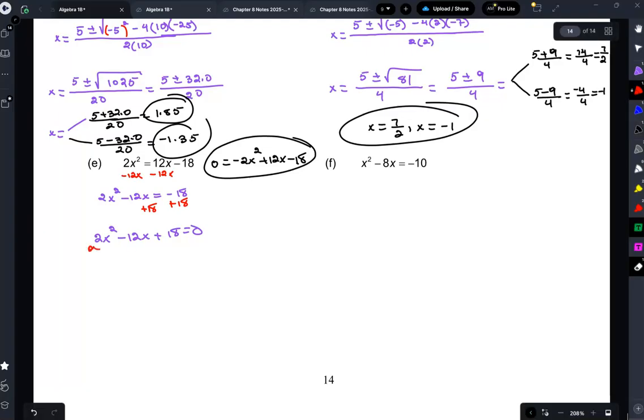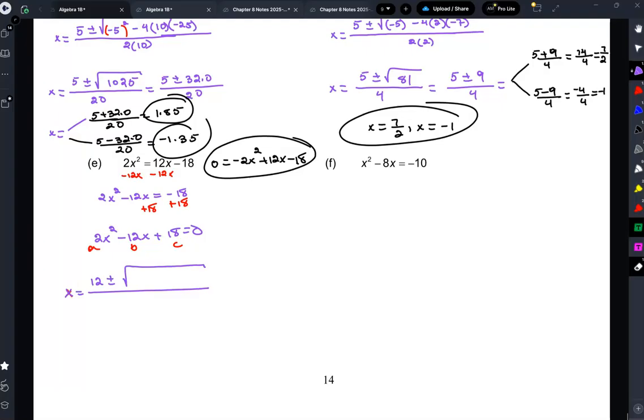So A, B, C. Okay, so x equals negative b, which is positive 12, plus or minus the square root of negative 12 squared minus 4 times 2 times 18, all over 2 times 2.